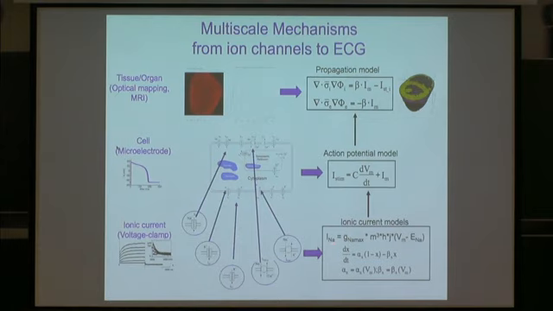This has 5 gates, 3 m gates, an h gate and a j gate. Each gate can open and close in terms of some ordinary differential equation, and these alphas depend on the voltage themselves. So this is a highly nonlinear problem, and then you have to propagate the voltage through the tissue described by some partial differential equations. So that's the fundamental model for modeling electrophysiology in the heart, or indeed in the brain.